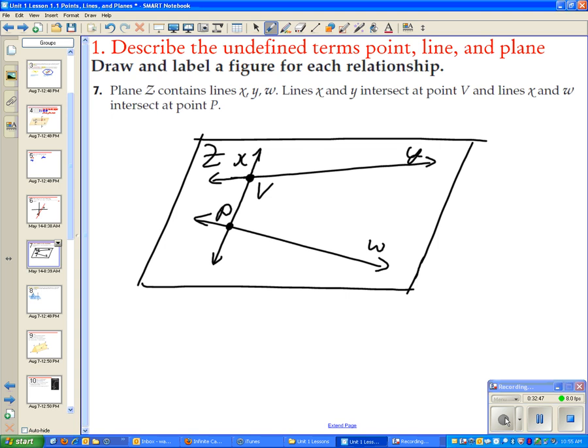P. Would P and Y end up intersecting this way? We don't know. So, doesn't matter. All right. We doing good?